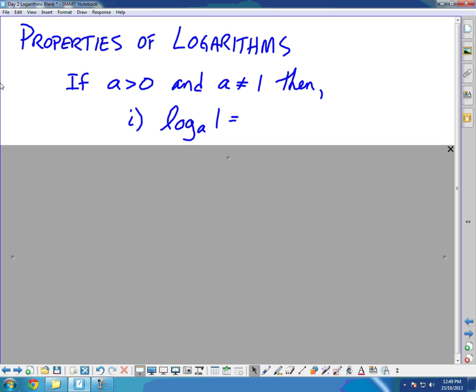This asks, what exponent do you put on base a to get 1? So it doesn't matter what the base is. There is an exponent that when you put it on base a, you get a 1. And the answer is 0. If you think about it, if you have any base and you want to get an answer of 1, you have to raise it to the power of 0.